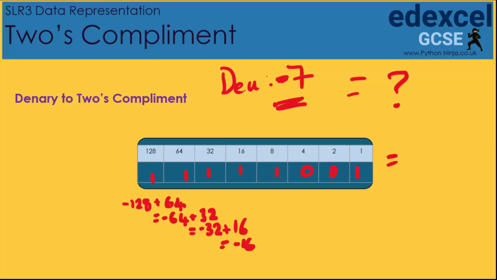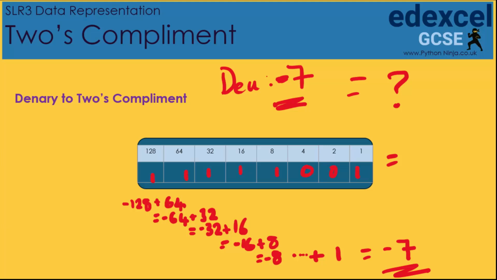Minus 16 plus 8, yes, you guessed it, is indeed minus 8. Minus 8 plus 1, so we're just doing this last bit here now, is indeed minus 7.